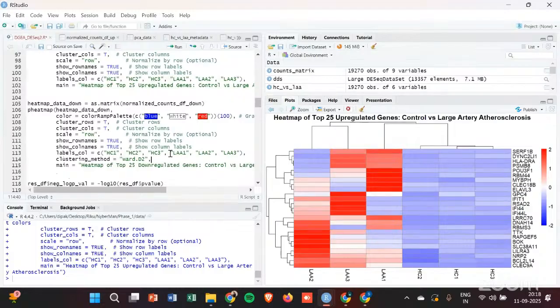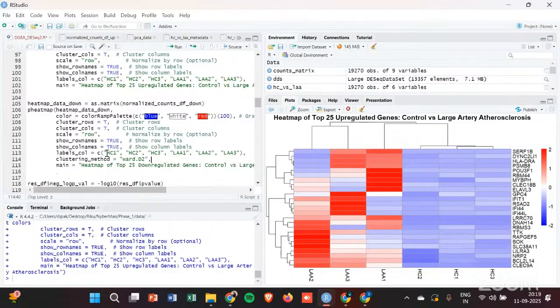To find the distance between the two clusters, we find the maximum distance between any two data points. Say HC1 is farthest away from LA3; this could be the maximum distance between the two clusters.